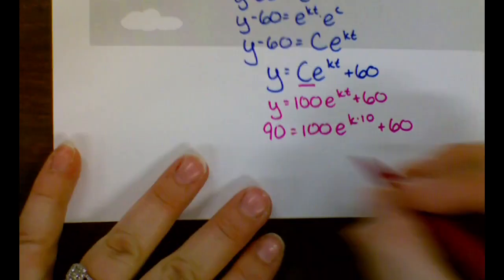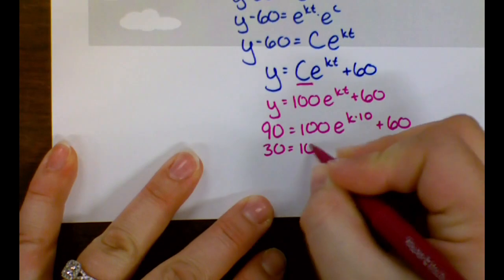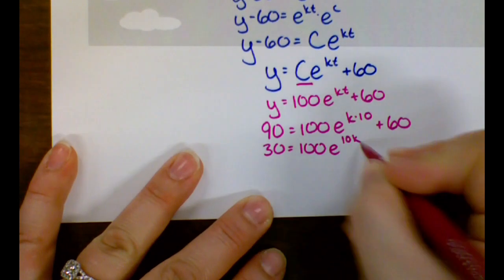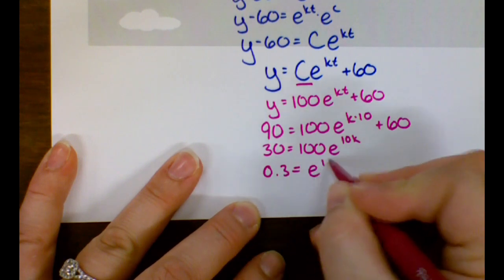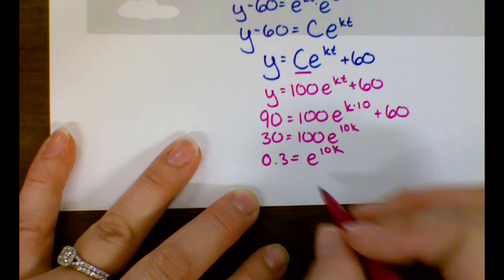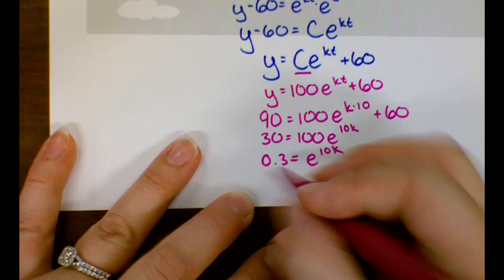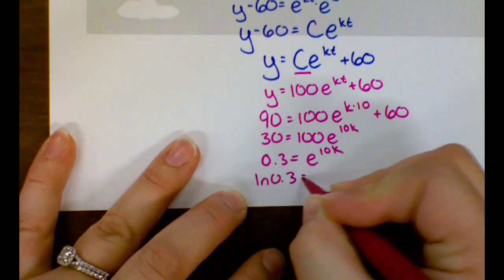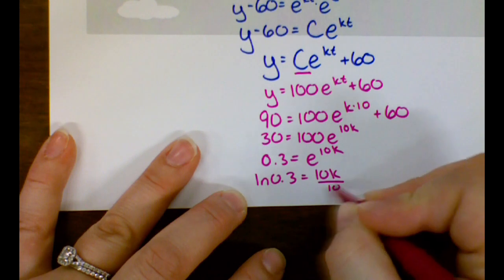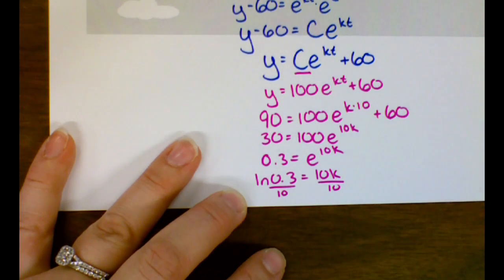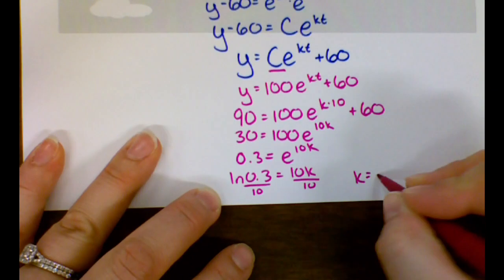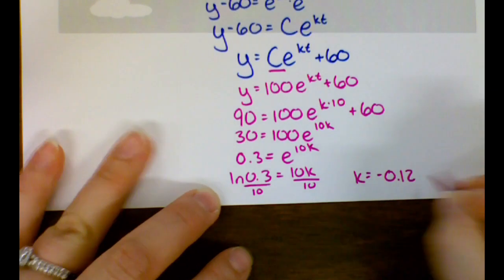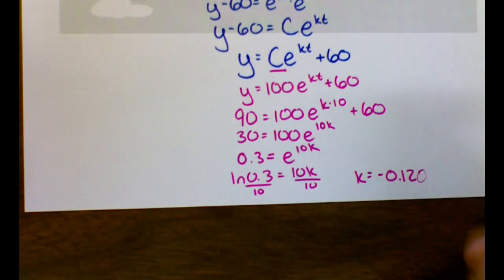I'm going to subtract my 60, divide by 100, and take the natural log of both sides. So natural log of 0.3 equals 10k, and then divide by 10. I get that k is about negative 0.120, really, but all right.